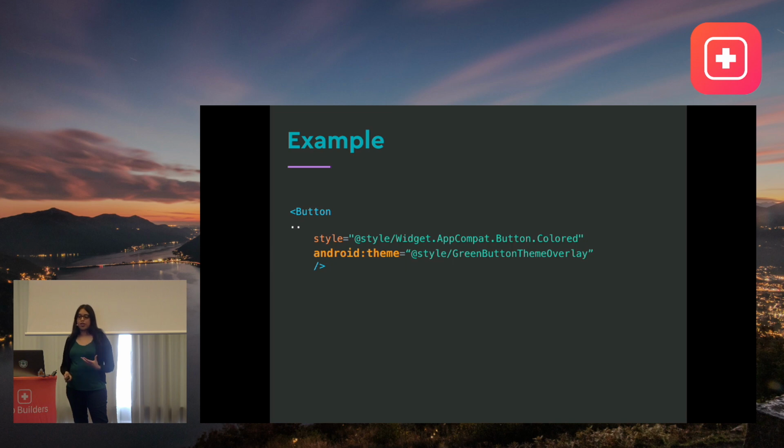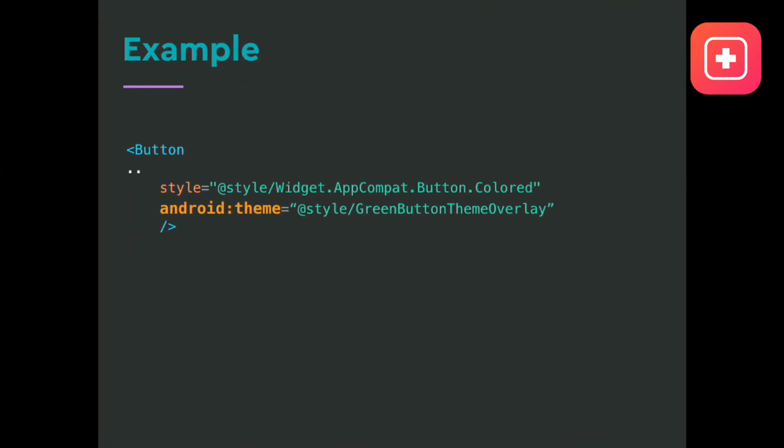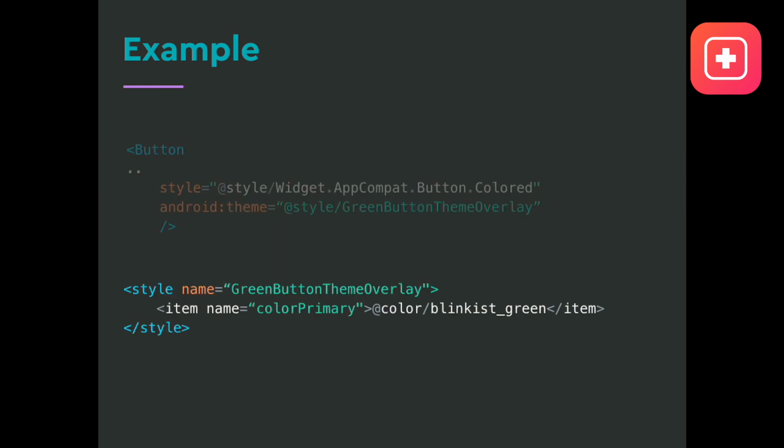So let's take a look at one in action. You can apply a theme overlay using the android:theme attribute, because again, it's nothing but a theme, except that it only contains the subset of values that you want to apply on top of your base context theme. And in this case, I only want to override the color primary for my button.